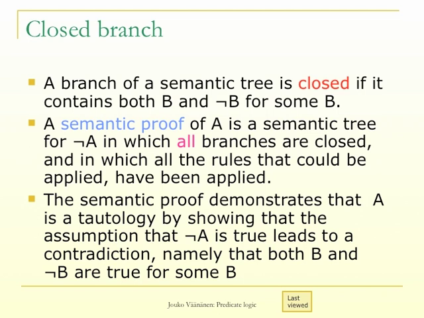The semantic proof demonstrates that A is a tautology by showing that the assumption that not A is true leads to a contradiction, namely that both B and not B are true for some B.